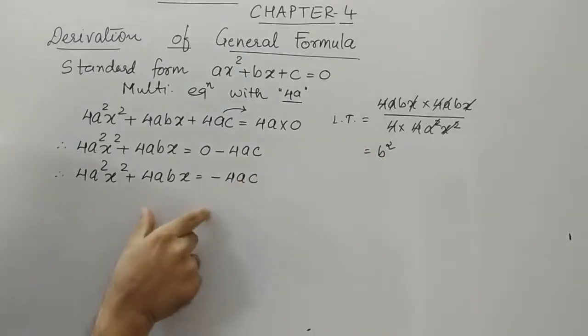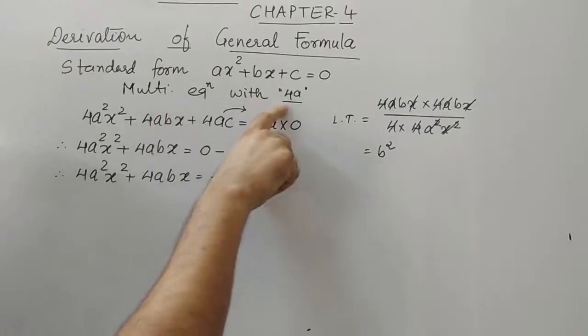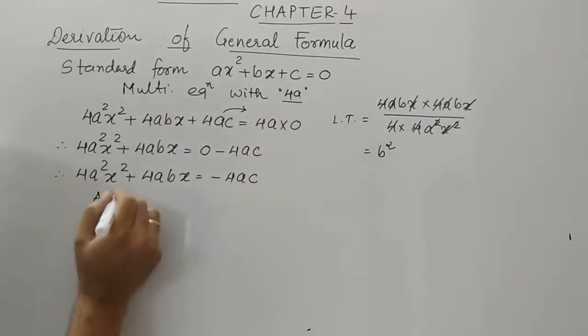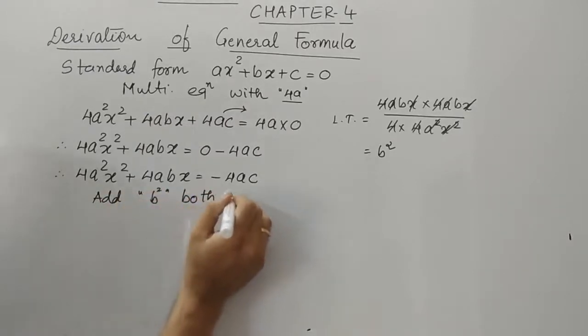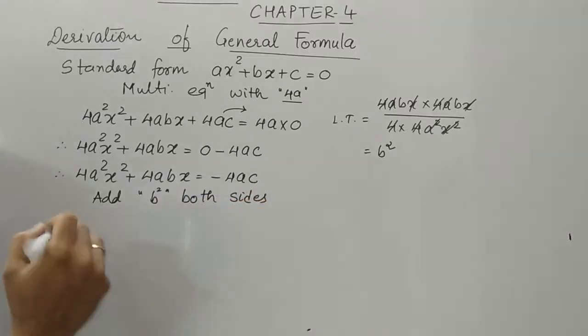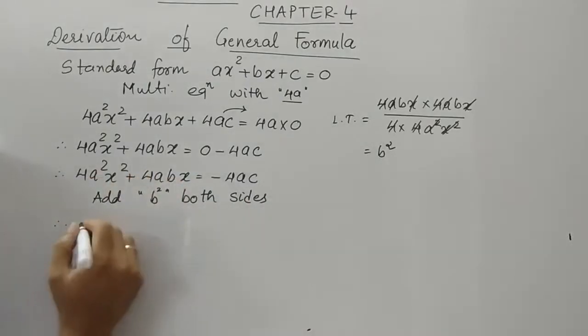Now the next step, as I told you, there are two things you have to remember. First, I multiply with 4a. Now the second, we have to add b square to both the sides. So we are going to add b square here. Why am I adding b square? As I told you, I want to make this a perfect square trinomial.